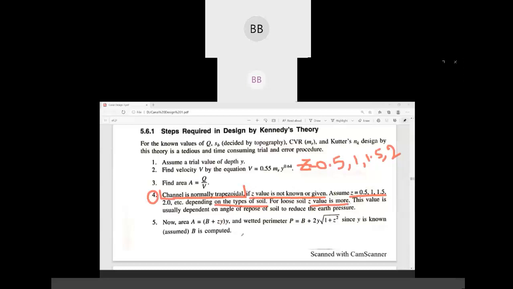So if the z value is not known, we can assume any value between 0.5 and 2 with respect to the types of soil in that particular location. So for loose soil, your z value will be more, and vice versa. So you write down this step number 4.